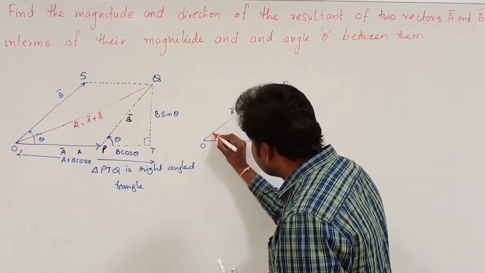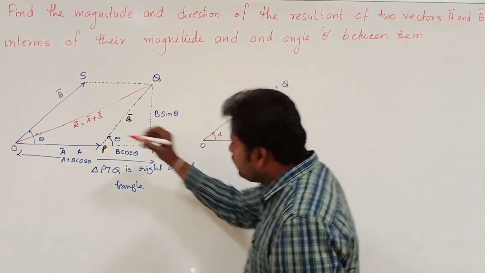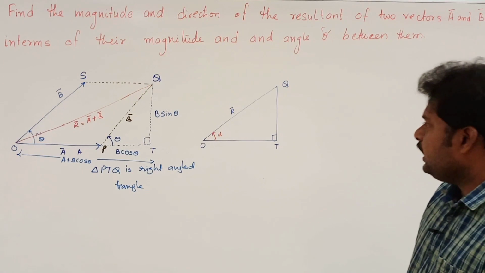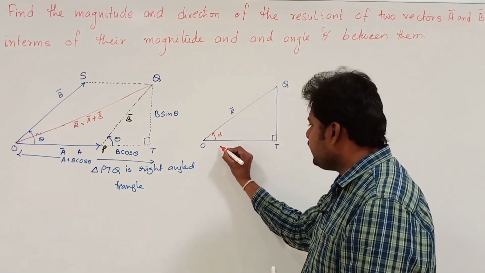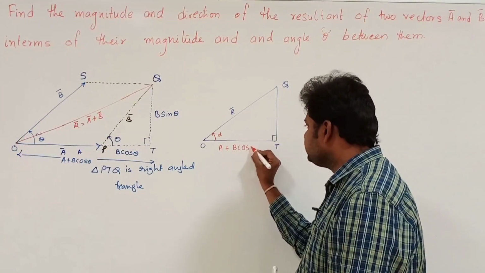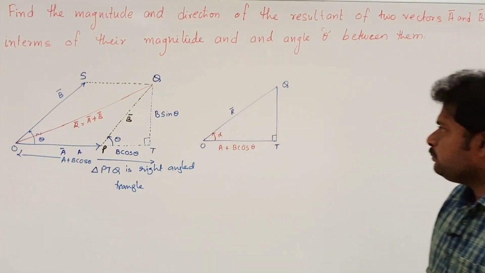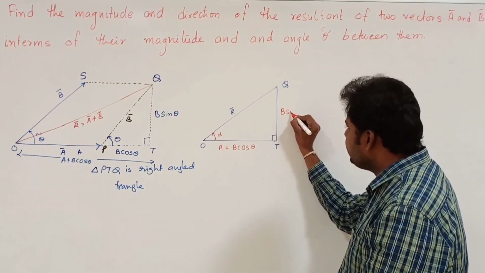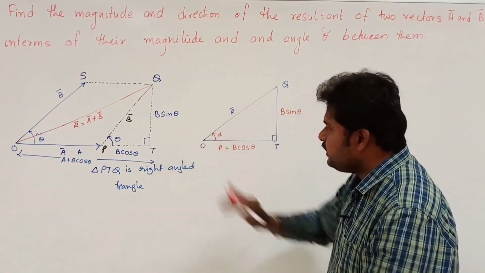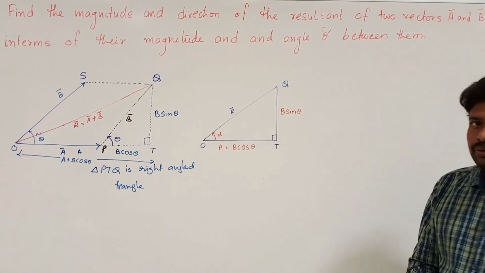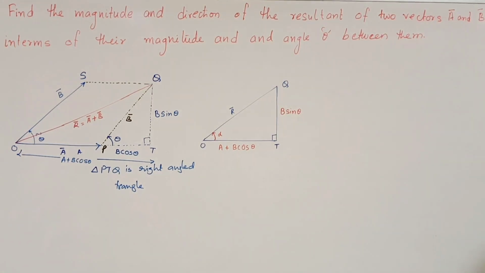This is not theta, this is alpha. From here to here, A to B is theta, and this is A plus B cos theta. This is B sin theta from this triangle. Now, triangle OTQ is a right angle triangle.